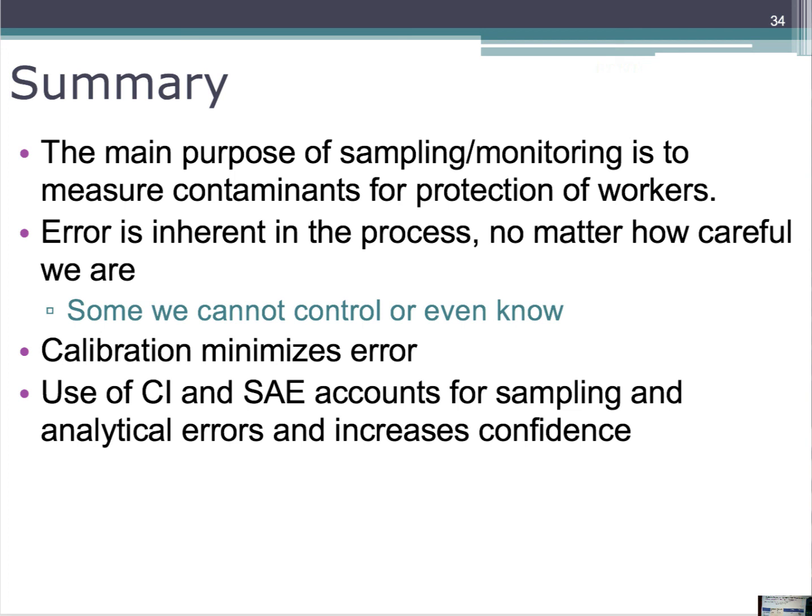For OSHA compliance, both the upper and the lower confidence limit need to be above 1, or above the occupational exposure limit, but you can use this as you evaluate exposures as an industrial hygienist when you have values that are close to being within compliance or outside of compliance. And so these confidence intervals represent a 95% confidence in our ability to evaluate somebody's exposure.